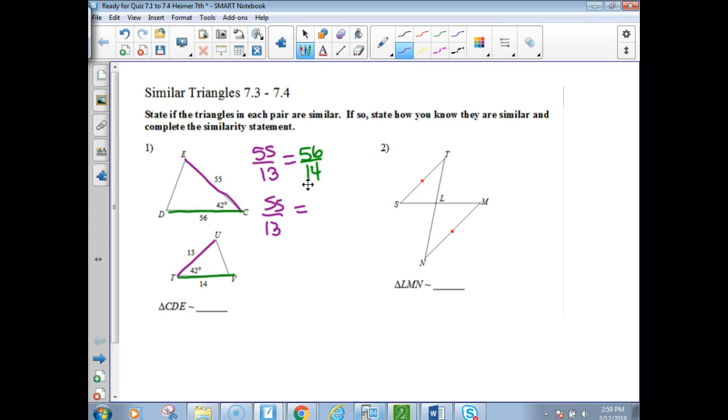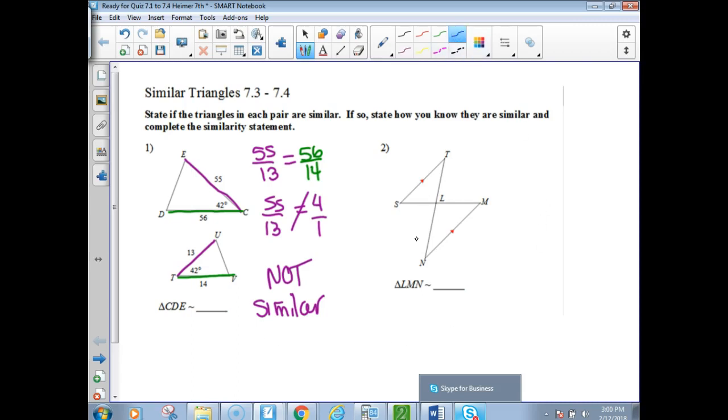Oh, actually, you could divide them by 7, couldn't you? Oh, geez, more than that. What's that reduce to? 4 over 1. So you're getting 4, which means 14 divides evenly into 56. So these aren't equal, so the triangles are not similar. That's what that tells you. So if you wrote a similarity statement, obviously you're going to get the question wrong.